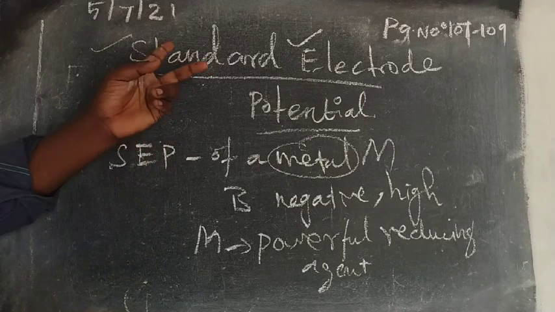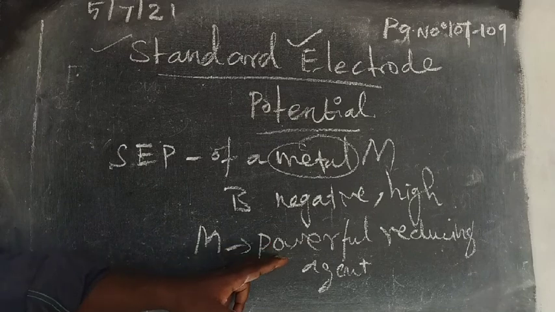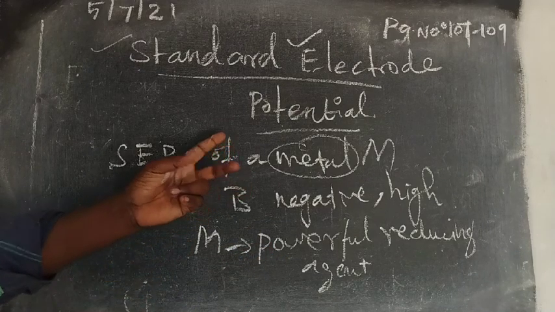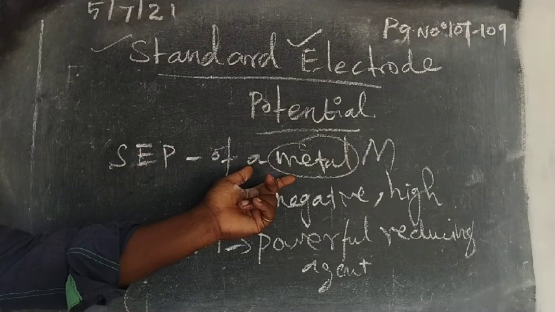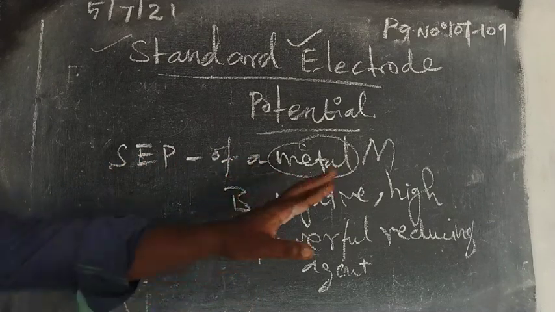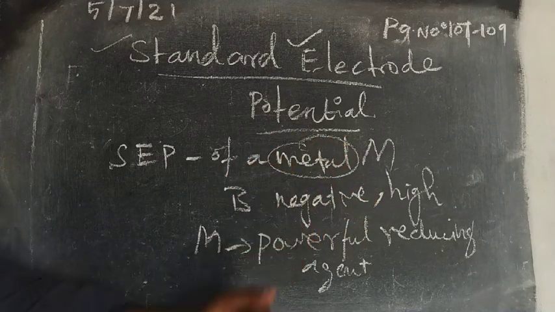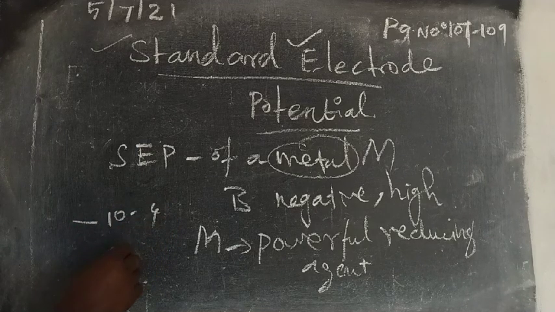See, based on standard electrode potential, we can measure the reducing power. That only I told, right? So, the standard electrode potential value we have to see for a metal. That metal having high standard reduction potential value, at the same time negative. For example, 10.5.